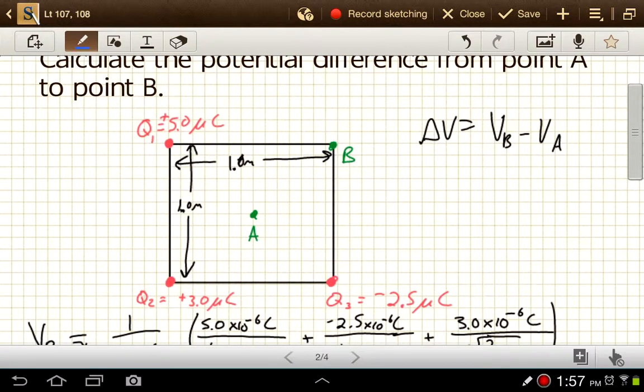We said that this whole distance was equal to the square root of 2 meters, so that must mean that this distance right here is the square root of 2 over 2 meters, which is the same as this distance and the same as this distance.